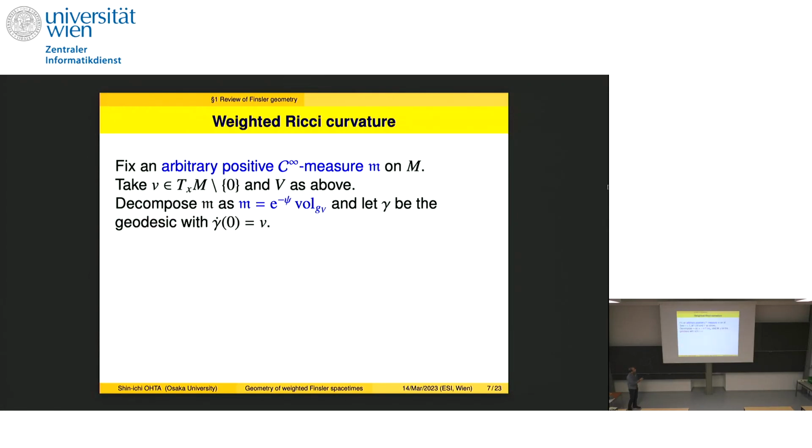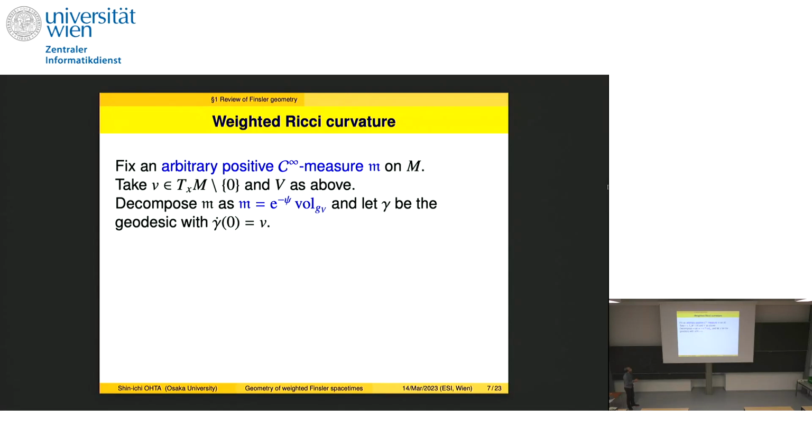And then let me explain a bit more about the definition. Okay, so we fix, as I said, an arbitrary smooth measure on the manifold. And actually here we explain by using the Riemannian characterization, as I said. For a given non-zero tangent vector, we can consider a vector field V as in the characterization.